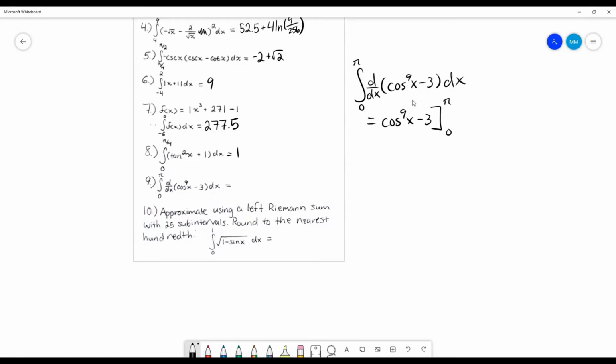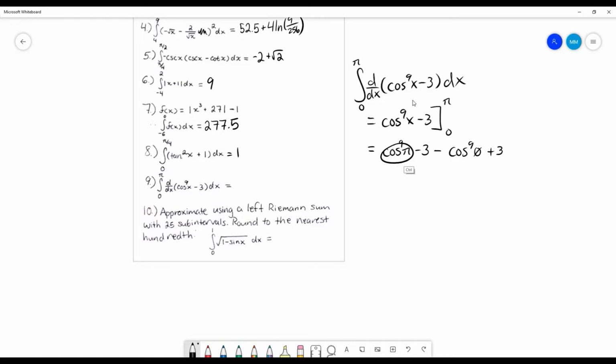So I'm going to plug in cosine of pi. I know cosine of pi is, well, I won't worry about that right now, actually. And then minus cosine to the 9th of 0. Minus 3, but we're subtracting that whole thing, so it becomes positive.